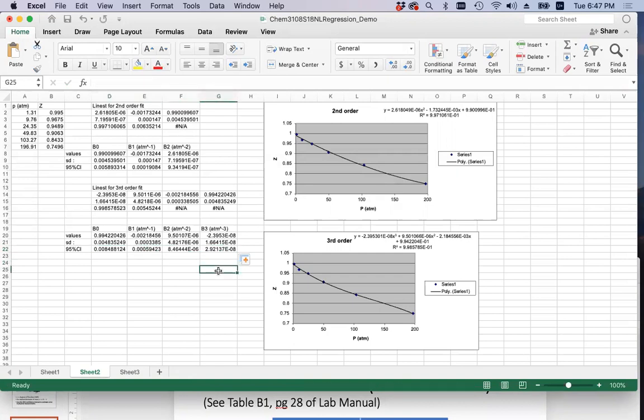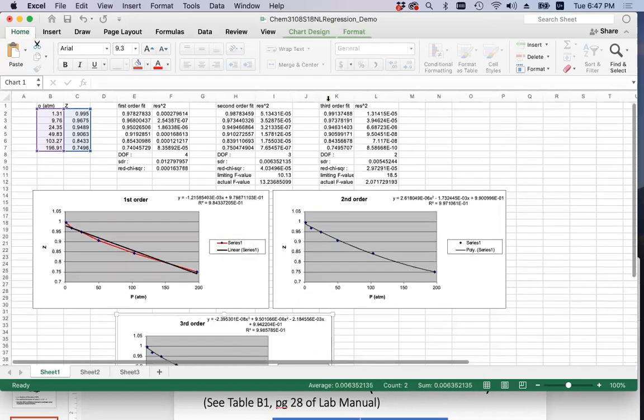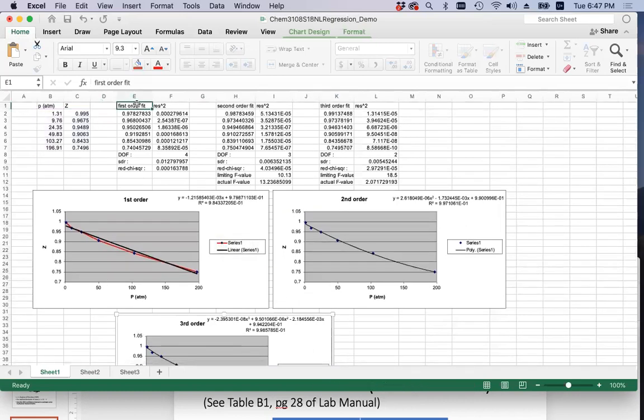Okay, and then I'm going to copy that formula over so that we get the 95% confidence interval in all of these parameters. Okay, and so now we can take a look at these parameters, right? The parameters from the second order fit, the parameters from the third order fit. And if you noticed from the previous sheet, when you go from the first order fit to the second order fit to the third order fit, the standard deviation of the regression decreases and the reduced chi-squared decreases, right?